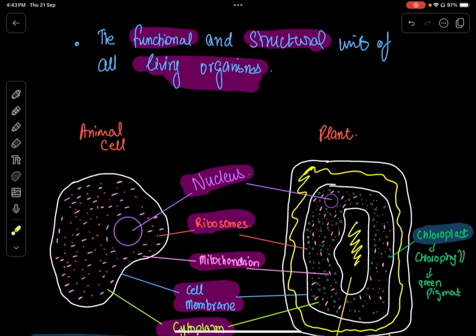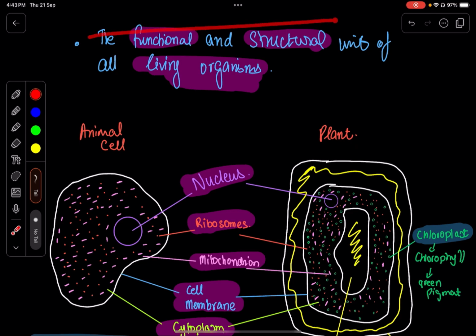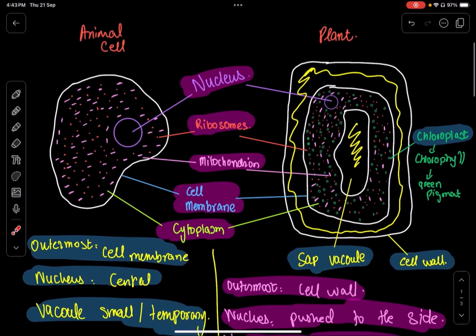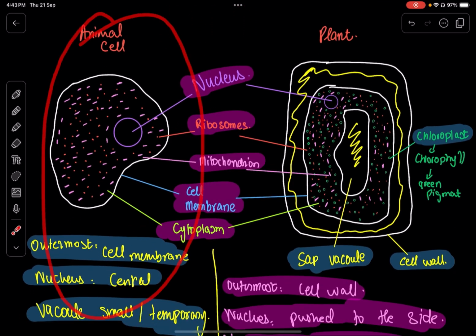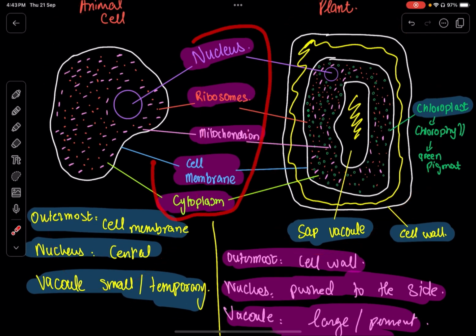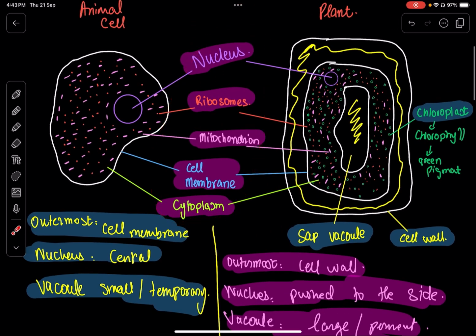If I may give you a quick recap of what we just did: we all know what a cell is, what an animal cell is, what a plant cell is, the things common between a plant cell and an animal cell, and the things specific to plant cells.